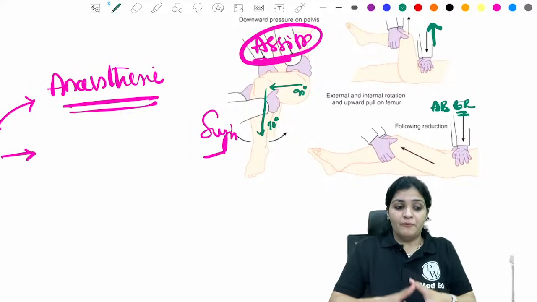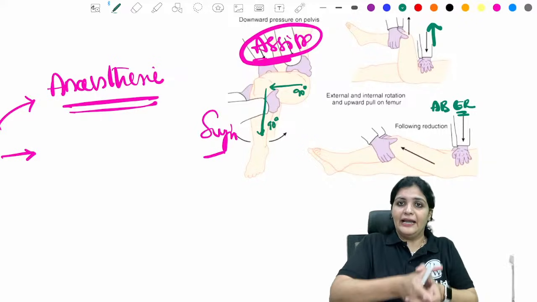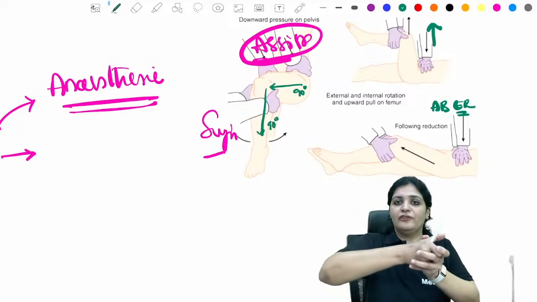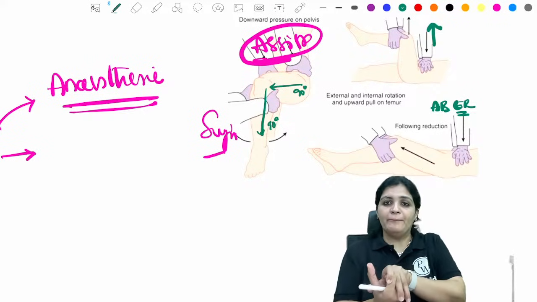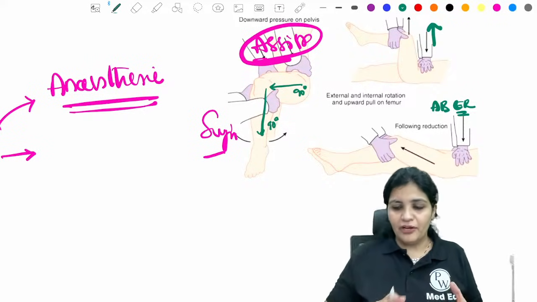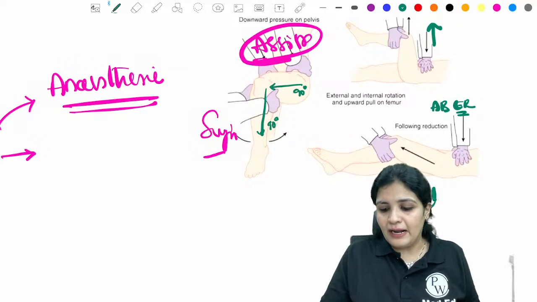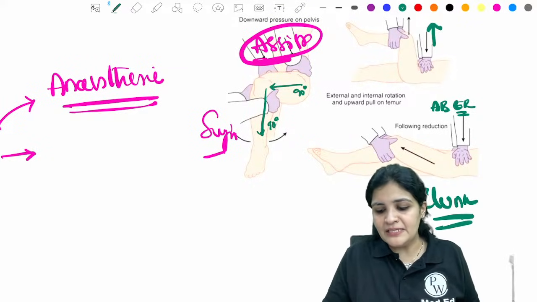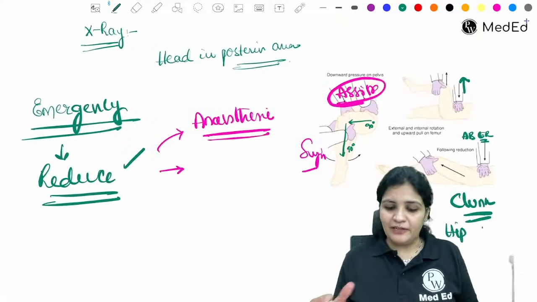But when you are giving the traction, you will not move the limb here or there. You put it in adduction and internal rotation only, and you give the longitudinal traction. And then slowly you abduct and externally rotate. Whenever you're doing this abduction and external rotation, you can hear a clunk sound, so that the hip is reduced. Then you take a check X-ray, then you will confirm the reduction.